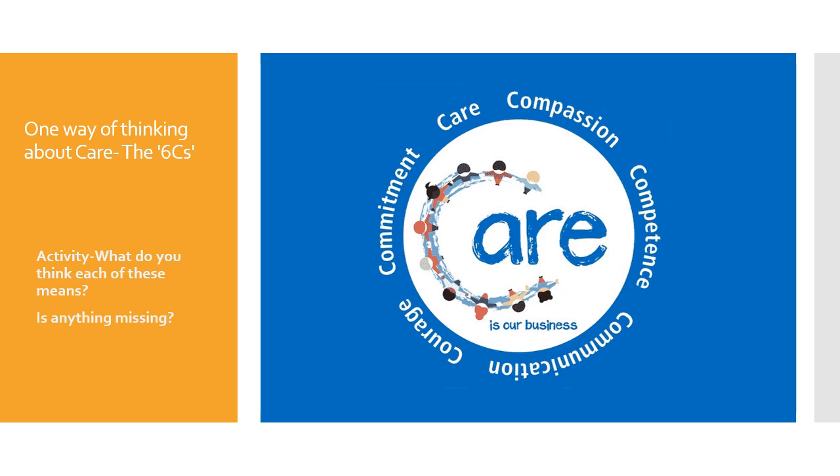These 6 C's are basically a set of principles that guide the delivery of high quality care, particularly in health and social care settings. They focus on providing compassionate, person-centered care that respects and supports the health of the individual and their well-being as well.